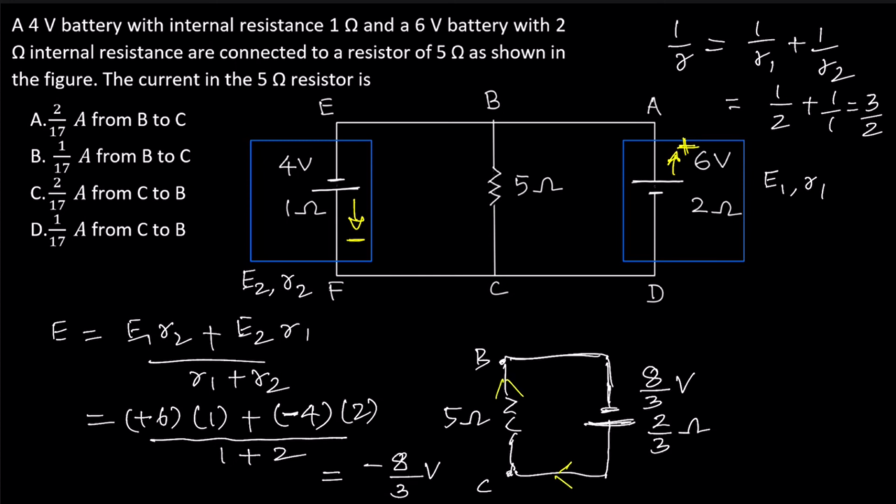The current has to flow from C to D, and the 5 ohm resistor is in series with the 2 by 3 ohm resistor. So the current value will be simply the EMF divided by the total resistance, which is 5 plus 2 by 3.